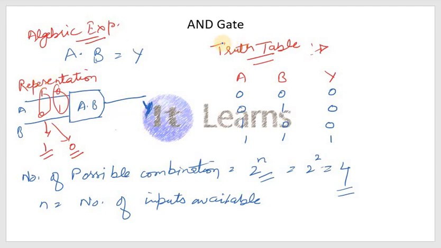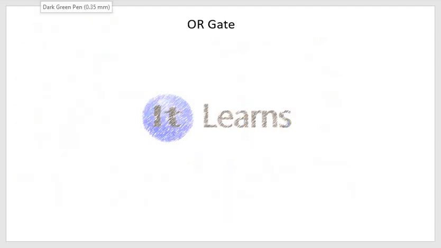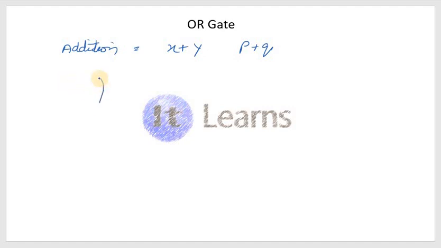Alright, so now let's move on to OR gate. In an OR gate, any electronic circuit that can perform an OR operation is an OR gate. What is the OR operation? Addition, of course, that can be represented as x plus y, p plus q. And how is the OR gate represented?